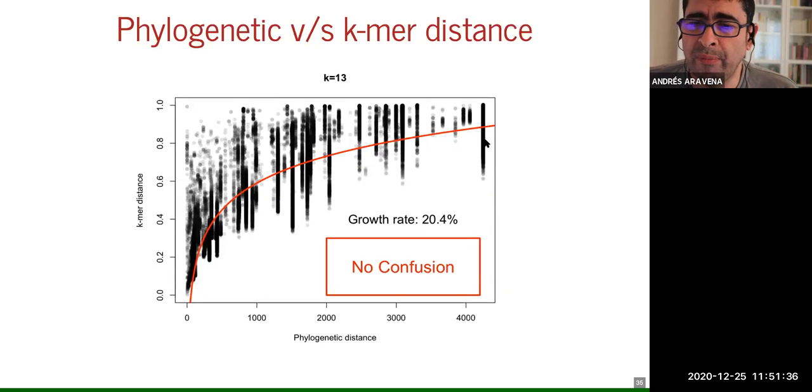That is good. It means that if things are phylogenetically different, then the k-mer tool will be able to separate them. That is the good news. The bad news is that sometimes things are similar. They have small phylogenetic distance, but they have high k-mer distance. And that is something that we have to solve yet.